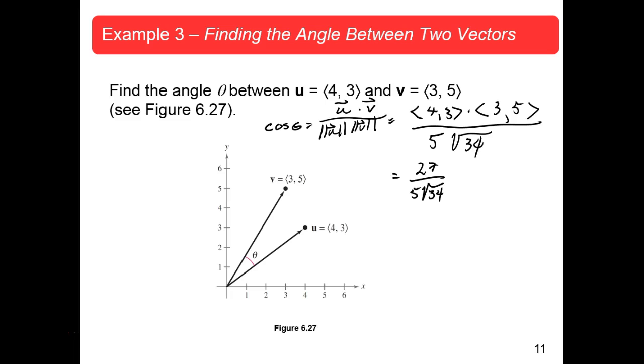Just looking at it, that's 27 divided by something just a little bit less than 30. And then do an arc cosine for it.